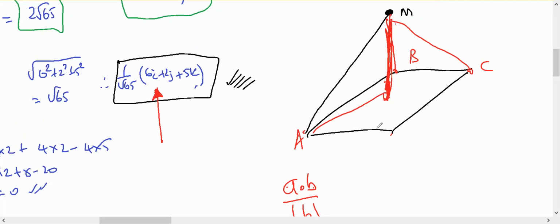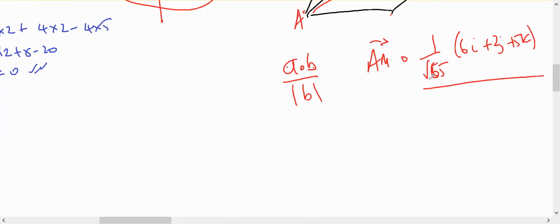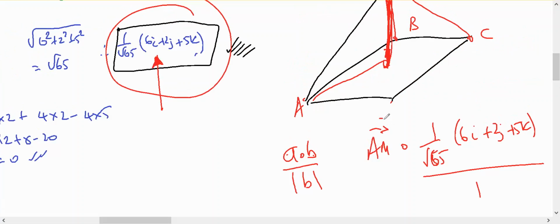So I want AM dot this vector, and that's this, 1 on root 65, 6i plus 2j plus 5k, over the magnitude of b, and the magnitude of that's 1 because it's a unit vector. So if I can find OM and do the dot product.